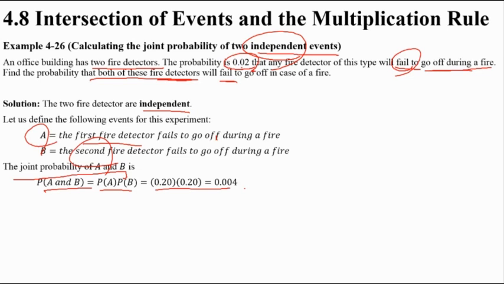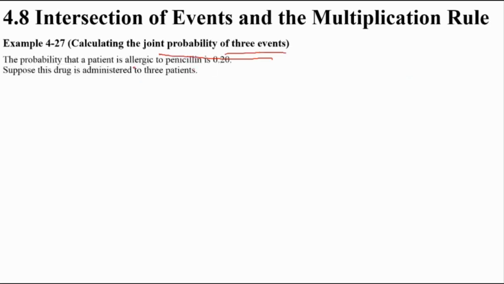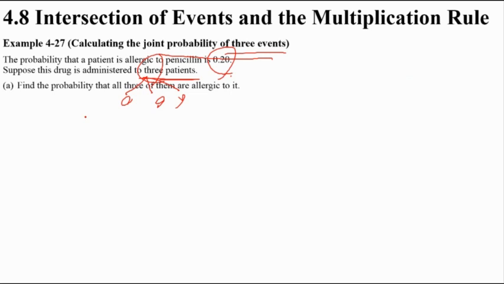Alright, another calculation: probability of 3 events. This time 3 events. The allergy to penicillin is 20%. Suppose we admit 3 patients. They are totally 3 different people, which is independent. The first question: all 3 have allergy.